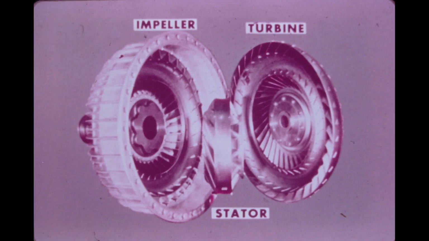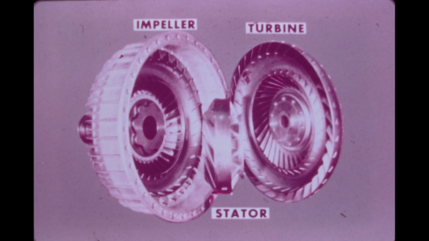As is evident by looking at the actual components, the design of the blading in the impeller, turbine, and stator is quite complex. The shape, angle, and placement of the blades in these components determine the converter's operating characteristics. Remember when we talked about vortex flow in the fluid coupling, we said that fluid coming from the turbine is directed smoothly back into the impeller.